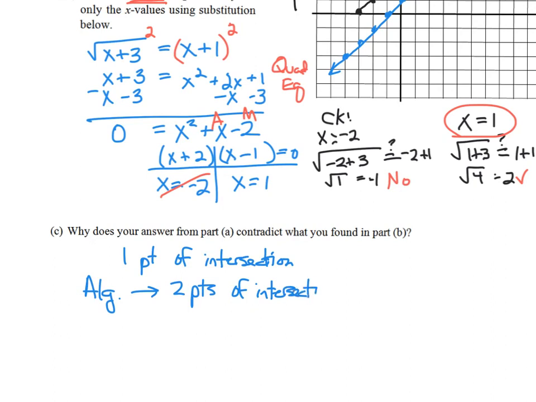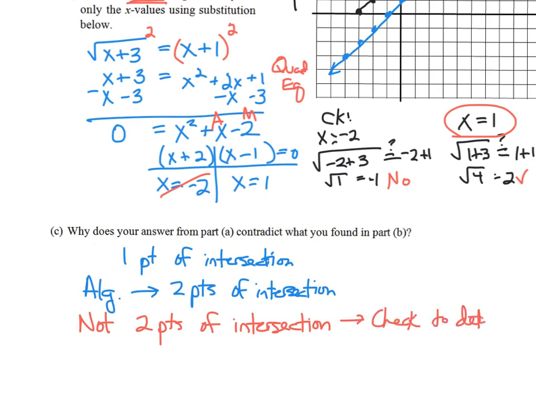So clearly this is a contradiction. There are not 2 points of intersection. So what that tells us is that only one of the solutions will work. So we have to do our checks to determine which solution is actually a solution of the original.